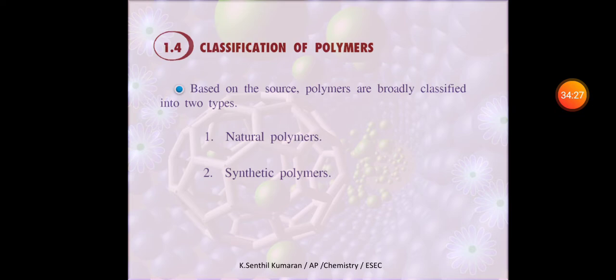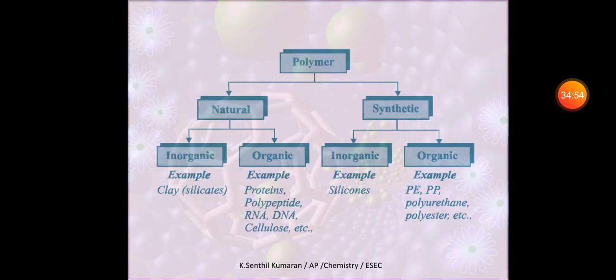If we can synthesize the polymers artificially or by a man-made process, it is called synthetic polymers. What are the various types of natural polymers and synthetic polymers available? We will see one by one. It is the broad classification of polymers, broadly classified into two types: one is natural and another one is synthetic.